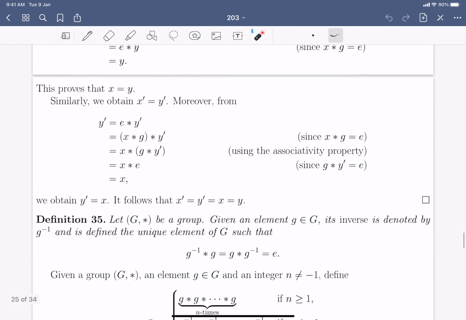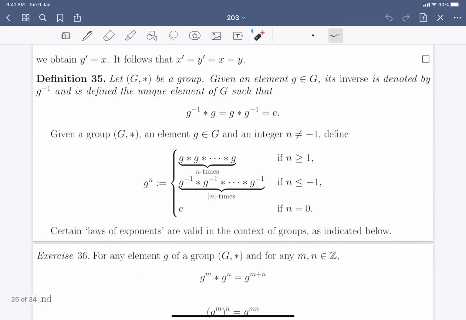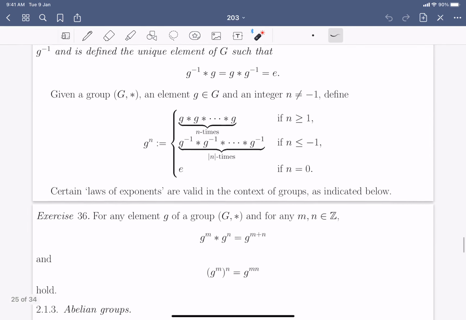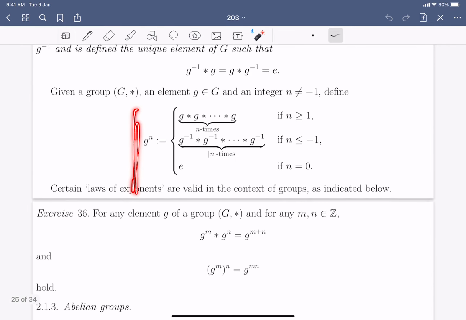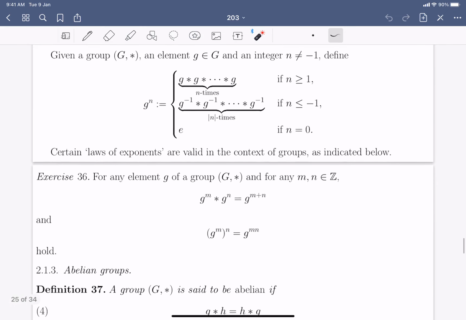So from now on, we call that element x or y, whichever, the inverse of the given element g that you started with. We decided to denote it by g raised to minus 1. We have set this convention, and I left this exercise for you.